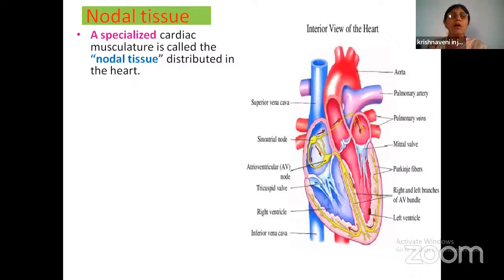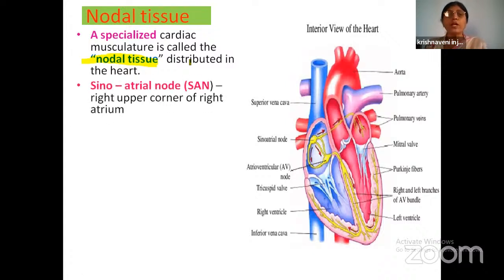A specialized cardiac musculature is called the nodal tissue. Nodal tissue is distributed in the heart. Where is the nodal tissue? This is the nodal tissue. It is a specialized cardiac musculature. In your 10th class you may not have heard of nodal tissues, but here nodal tissues are introduced in intermediate.